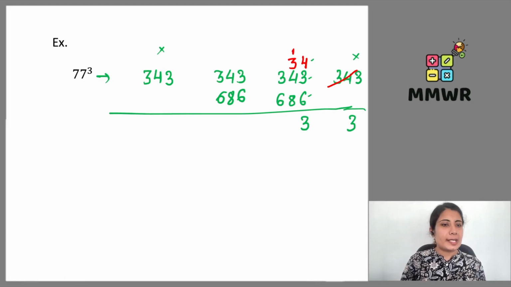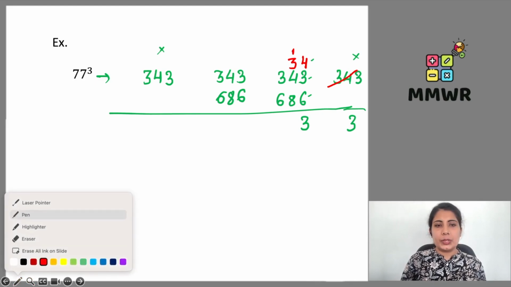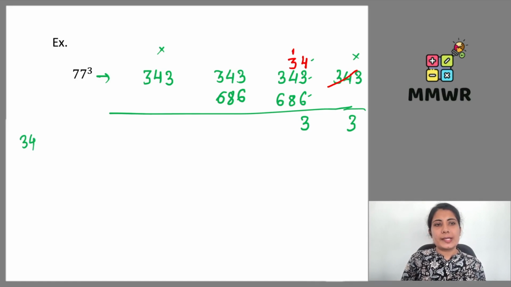Now 34 plus 68. We can do it in the rough work as well. 34 plus 68 gives me 8 plus 4, 12, carry over 1, 6 plus 3, 9 plus 1, 10. Or you can do here only. So 102 plus 3 gives me 105, plus 1 gives me 106.